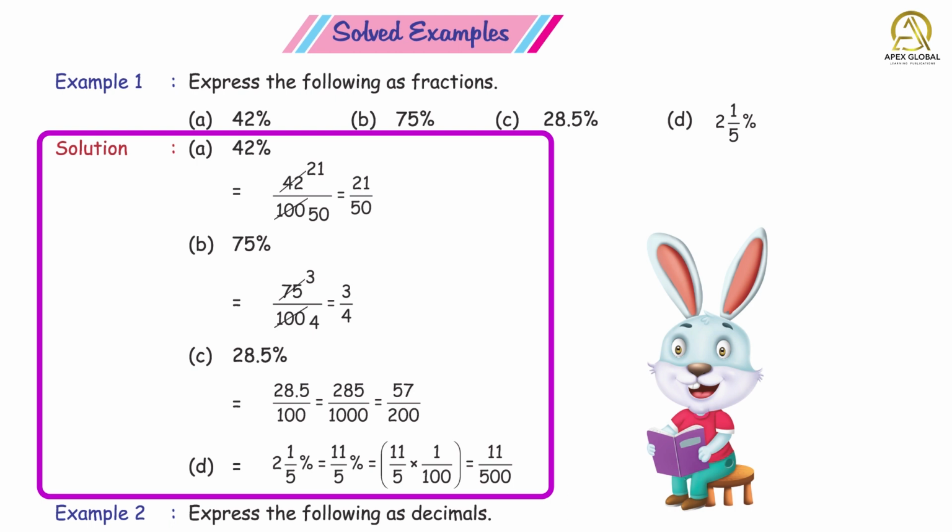C 28.5%, 28.5 upon 100 equals 285 upon 1000, which is equal to 57 upon 200. D 1 upon 5% is equal to 11 upon 5%, which is equal to 11 upon 5 into 1 upon 100, is equal to 11 upon 500.